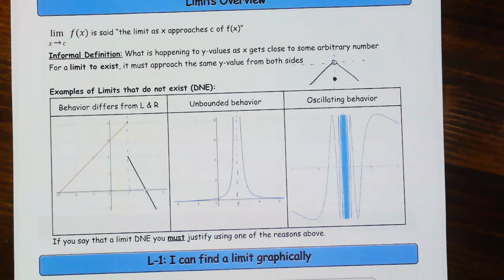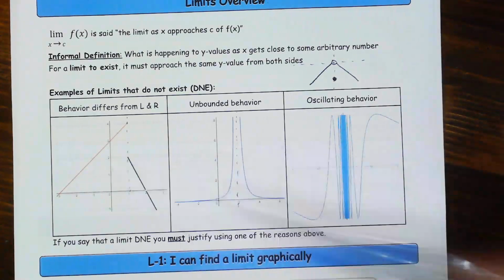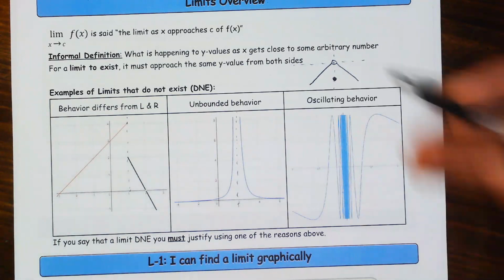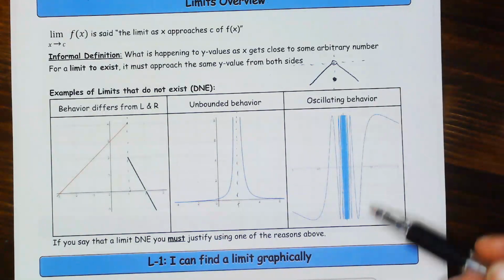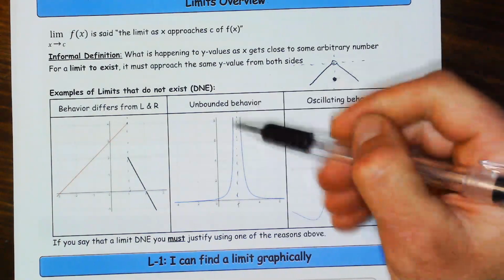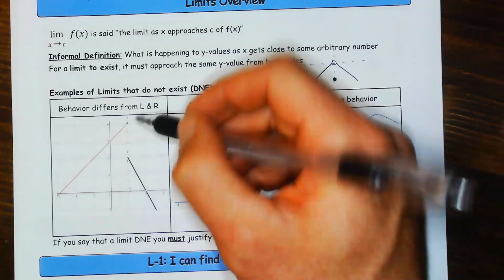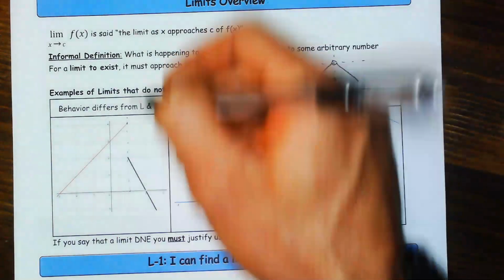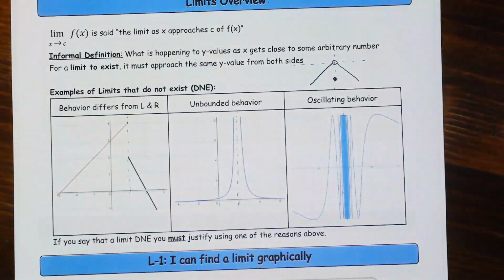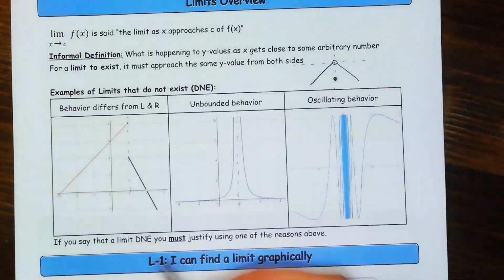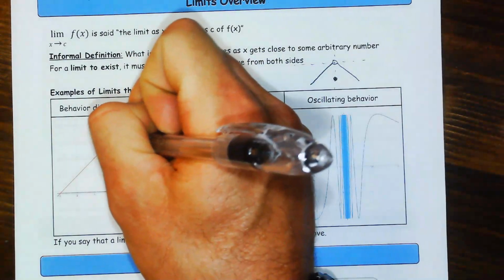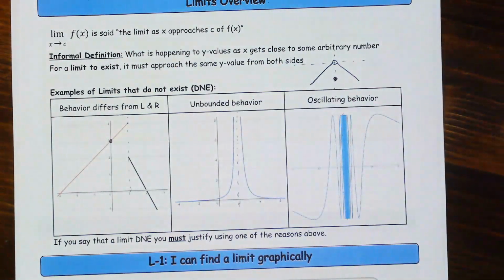One other thing that my students often have a hard time with is determining why and where these spots are interesting or not. We usually look at the interesting spots. We look at this oscillating behavior at x equals 0. We look at this vertical asymptote. We look at the line where the behavior differs. But it is worth noting, this limit right here at x equals 0 does exist.